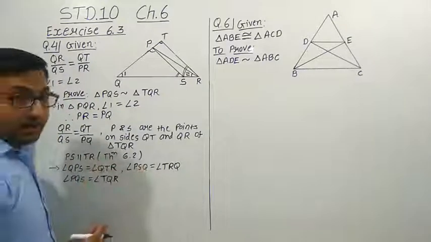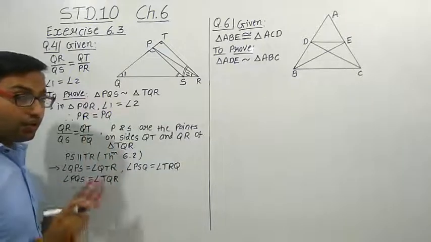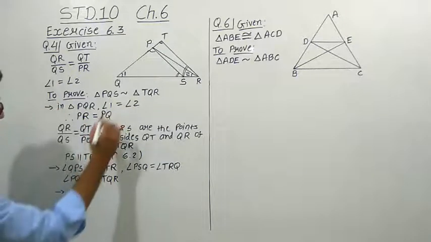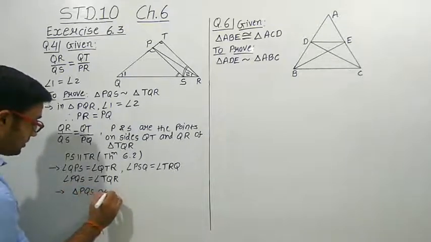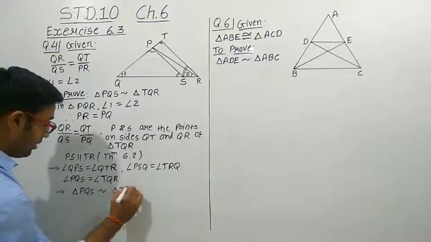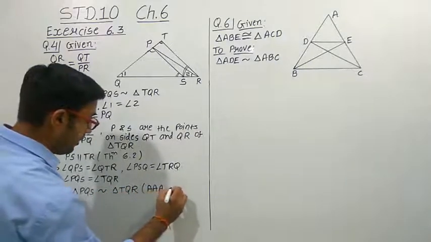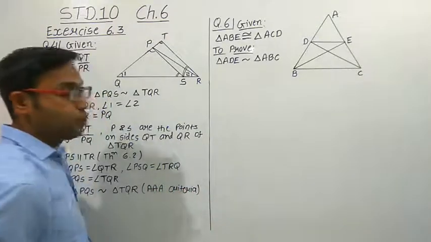So all three angles in both triangles are equal to each other. Now we can write that triangle PQS is similar to triangle TQR according to the angle criterion or angle rule.